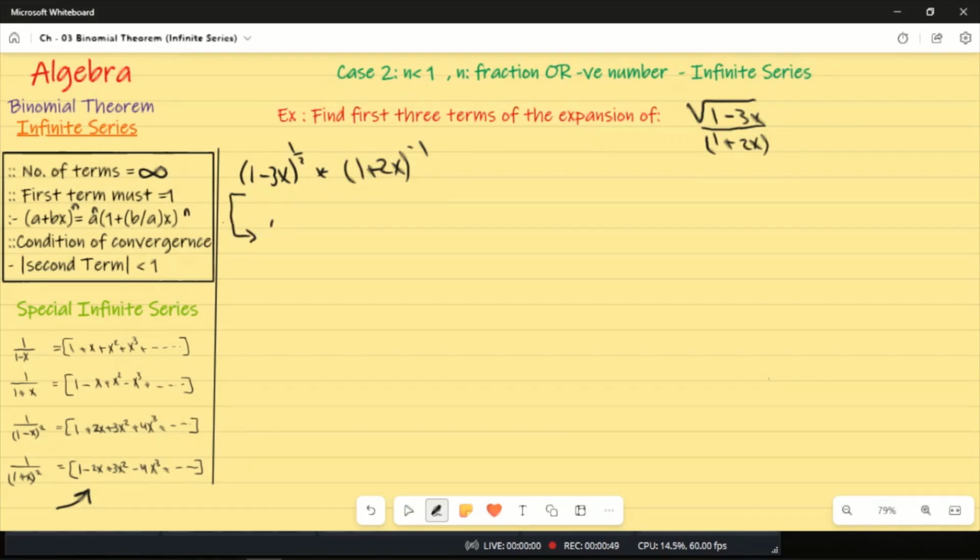equal to, here we have n equal to half, so half combination 0.